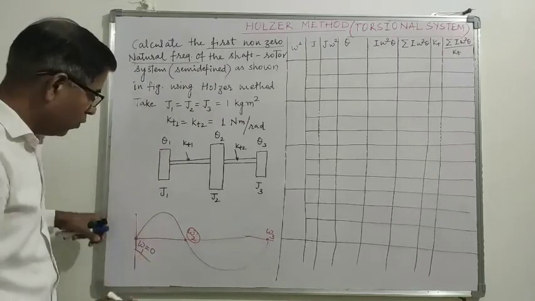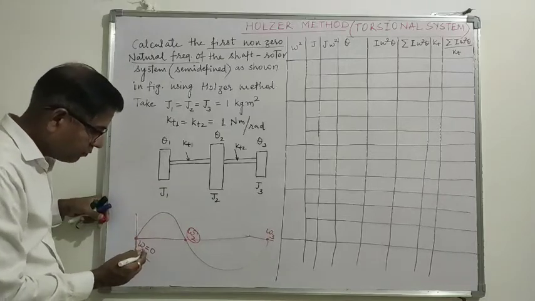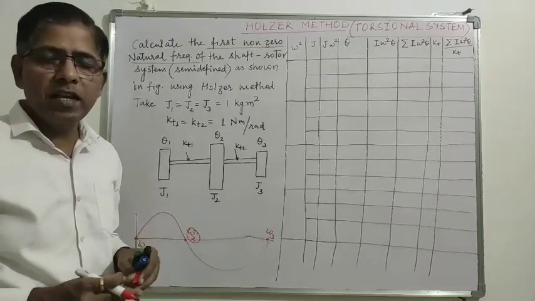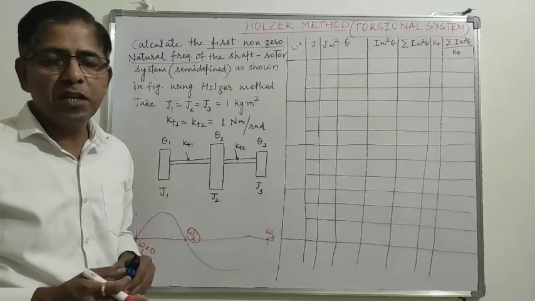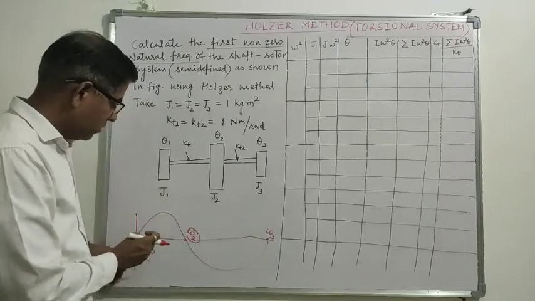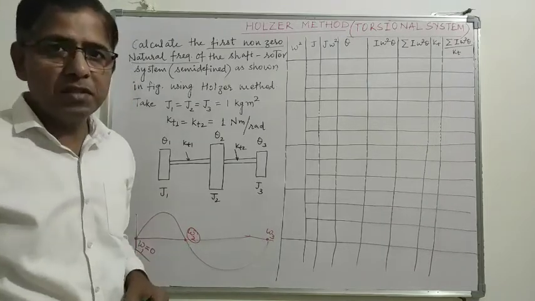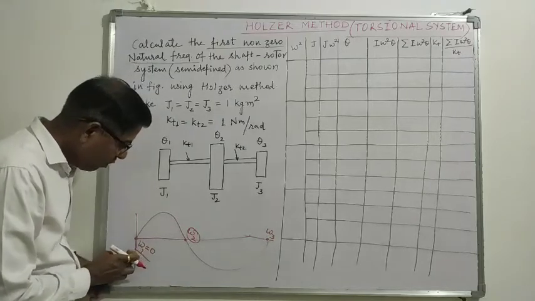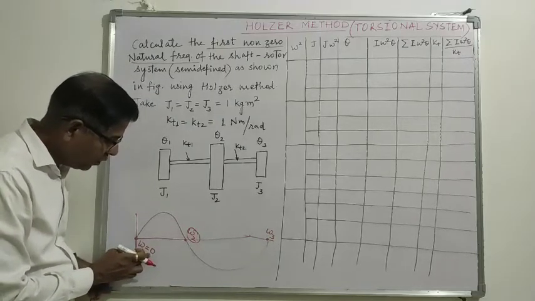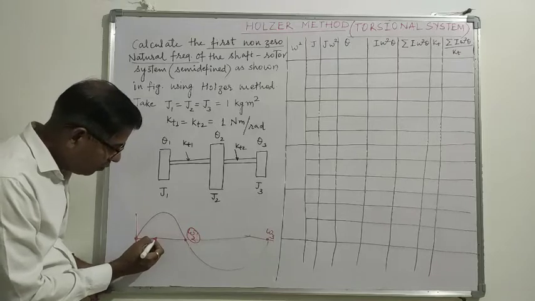In the theory of the Holzer method we have seen that we need to assume the value of natural frequency. The initial value of omega 1 is 0.